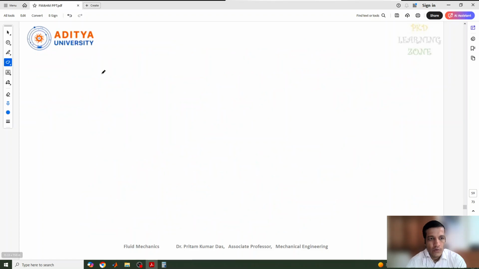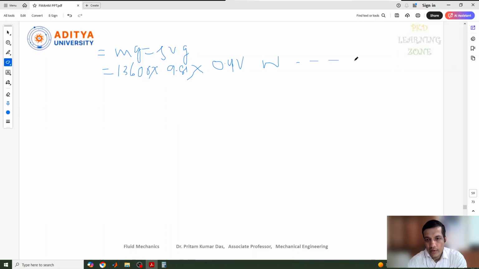So we can write it equal to mg, and in the place of m again we can write rho V g. Similarly rho equal to 13,600 into g 9.81 into volume 0.4 V. This much Newton. This one we give as equation 2. So these two equations we got from here.